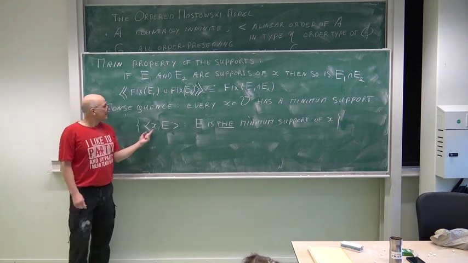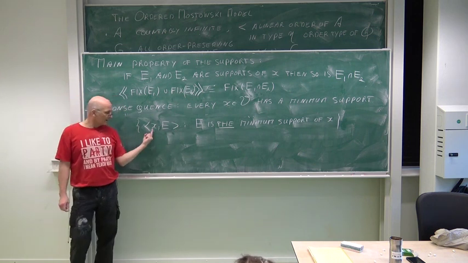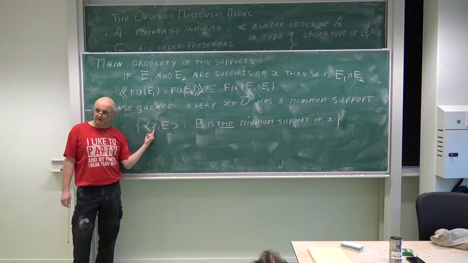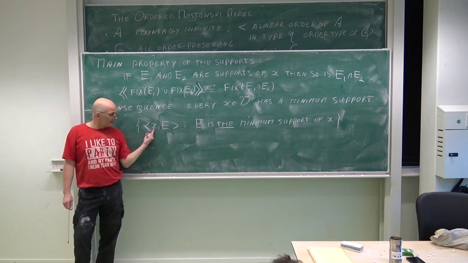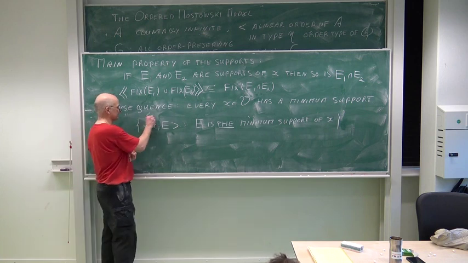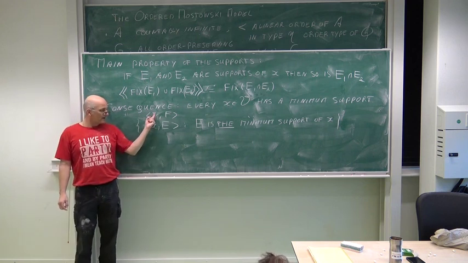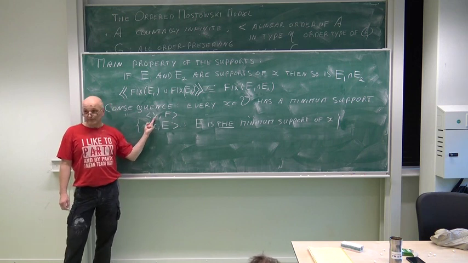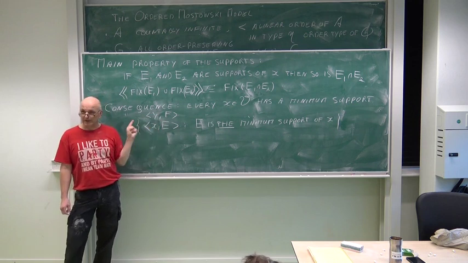Okay, so how do I linearly order the universe? I look at, say, the ordinal number of the orbit of X. That's my first criterion. So I have a pair x comma e and y comma f. It could be that the orbit of x comes before the orbit of y. Then I know that this one comes before that one.